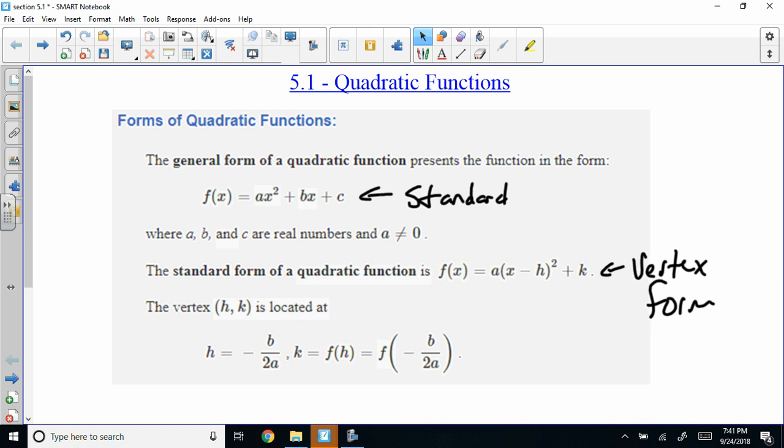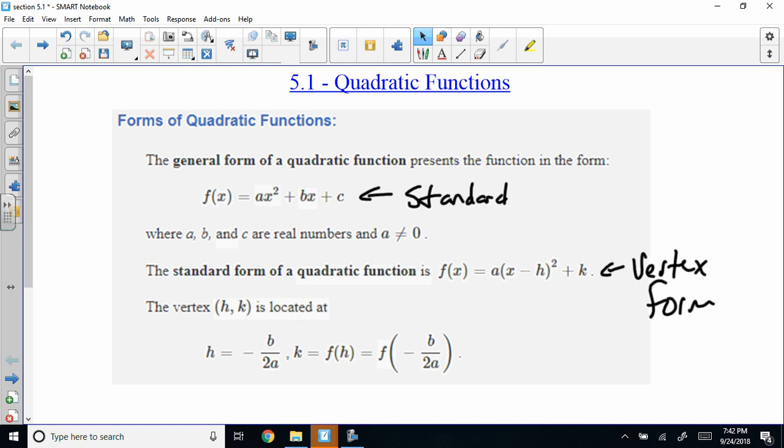But I understand it is technically the general form, basically because of the conic section, when you talk about parabolas and all that. But the vertex form is really what we call the second equation.